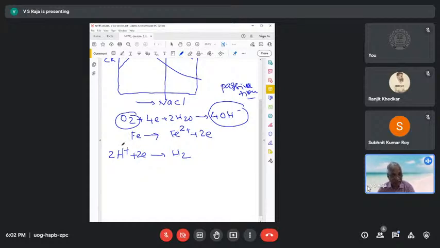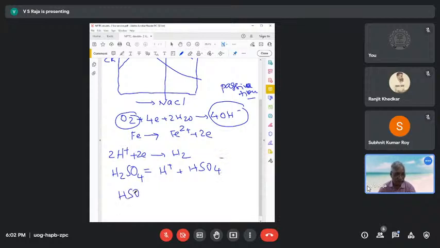Now how does this H plus come into the picture? Some chemistry is required here. Sulfuric acid dissociates into H plus and HSO4 minus.